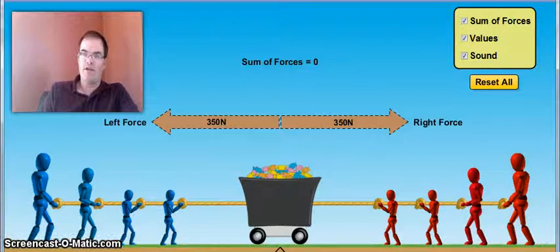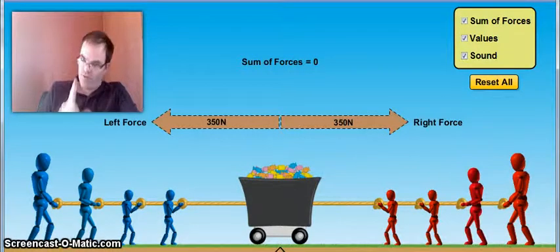In other words, the cart didn't move. The forces on the left equaled the forces on the right. But in the case you just saw, where there was some motion going to the right, I had a net force of 0. It should have been in equilibrium.